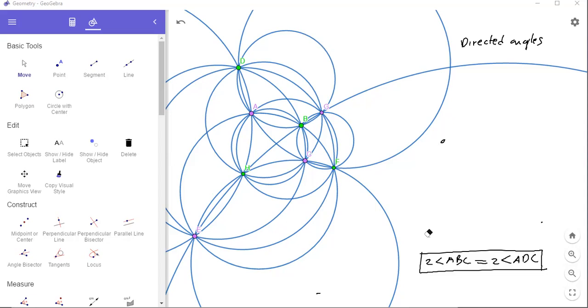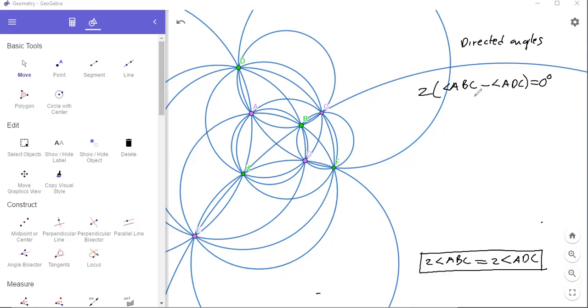So that means, in particular, what we actually have here is that 2 times these angles, let me just write it this way, is 0, right?